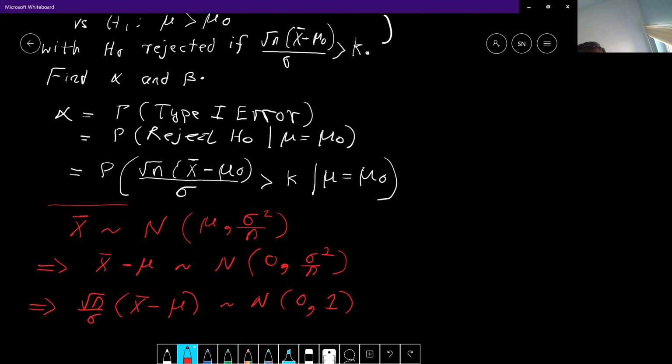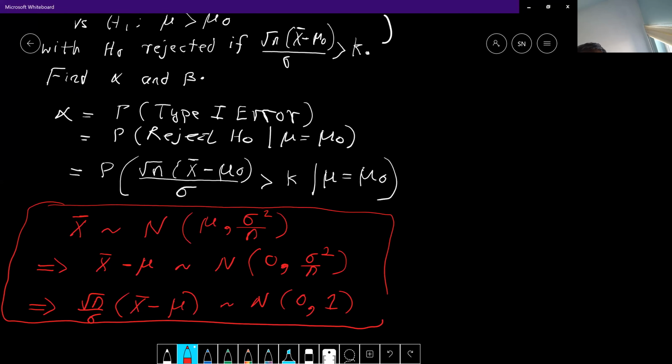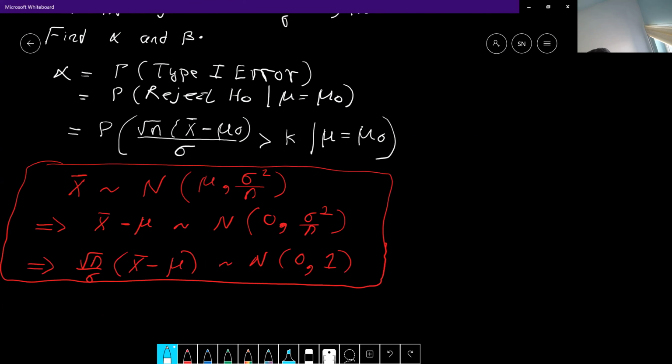These are things you should know from what we learned before. Therefore, because we are assuming that mu is equal to mu0, what you have above must be a standard normal variable greater than k.